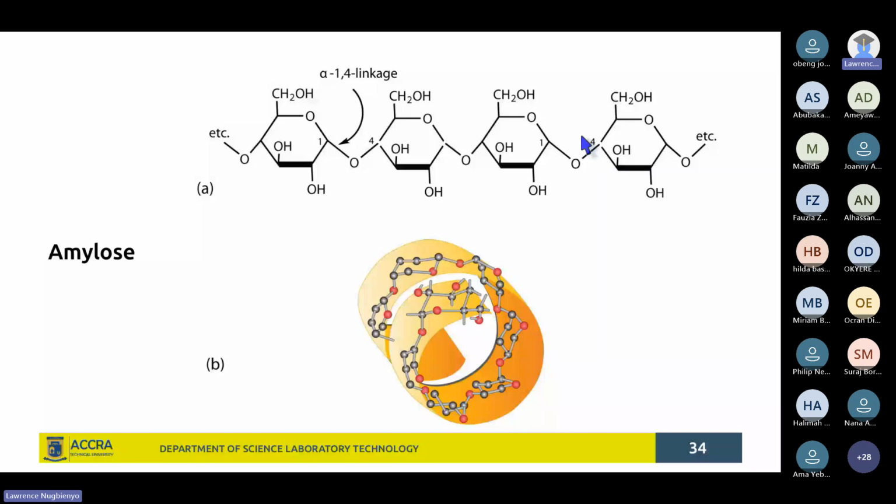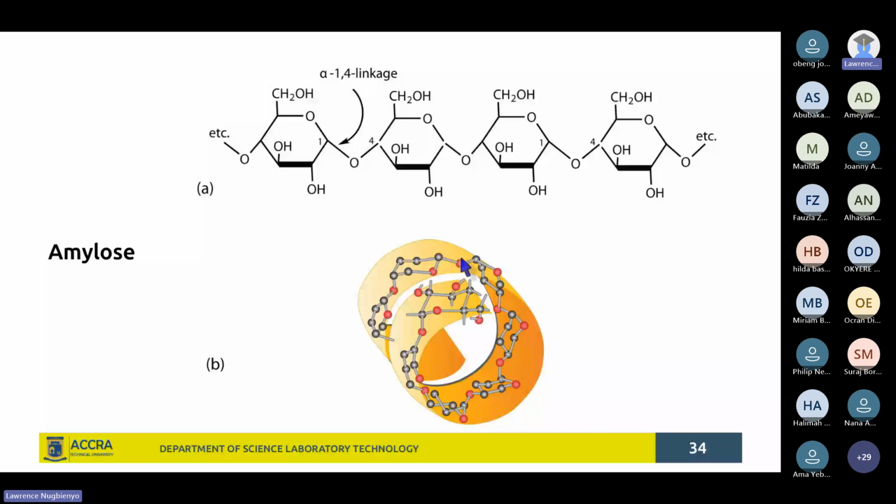But apart from the alpha 1,4-glycosidic bond that is formed between the glucose molecules, you can also have a helical structure forming, similar to what you see in proteins. So that's the straight chain, and when it folds, you can see there are a lot of hydroxyl groups there.